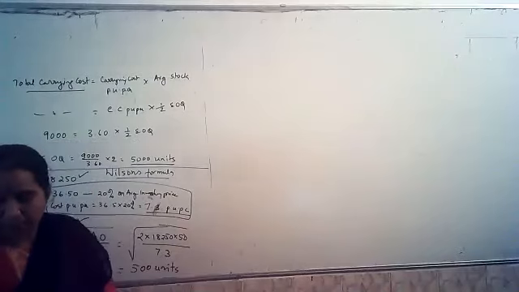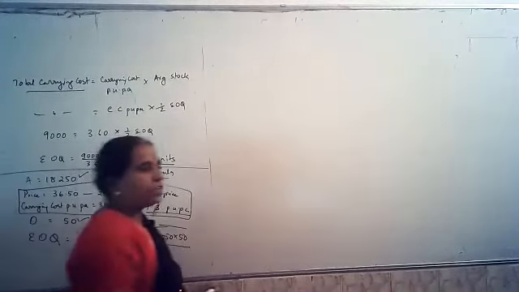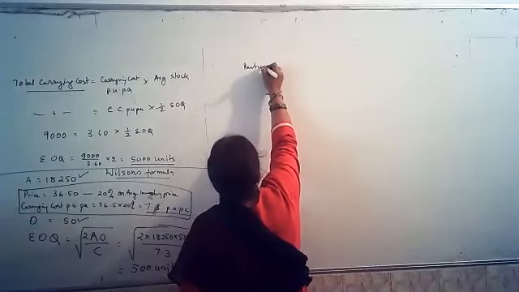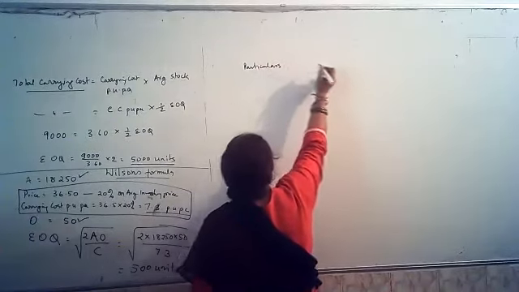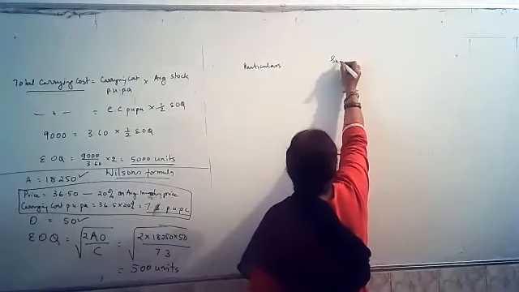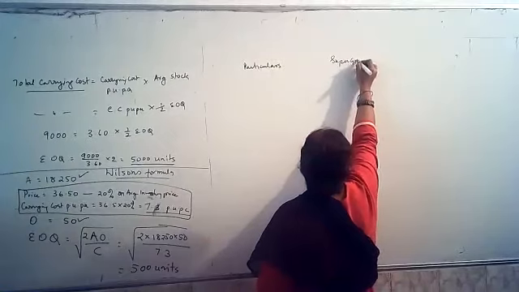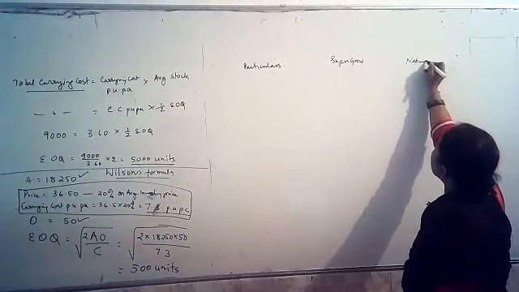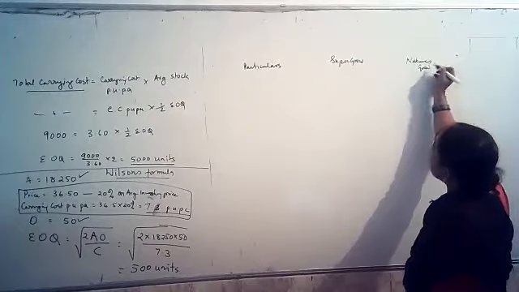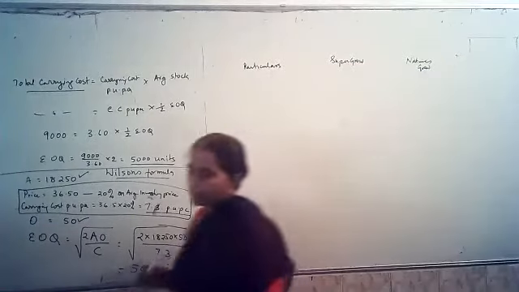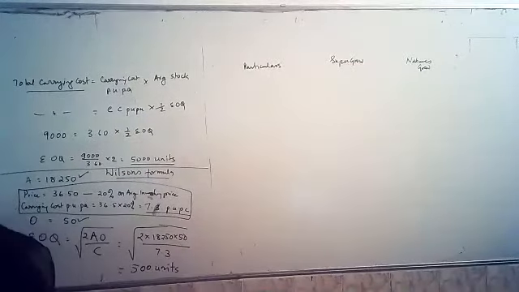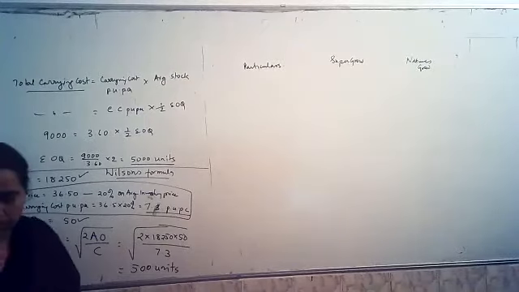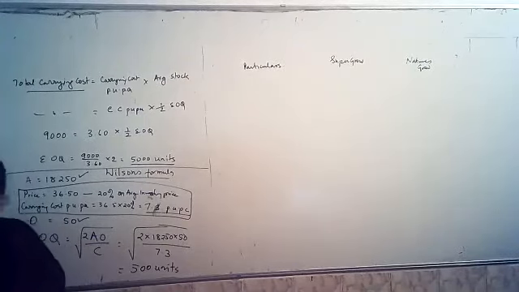So let's prepare a table with particulars, Super Grow and Nature's Grow. One is for particulars, so write down all the information which they are asking for. This is the column for Super Grow fertilizer and next one for Nature's Grow fertilizer. Write down EOQ.